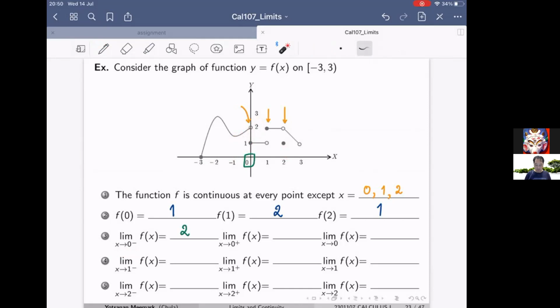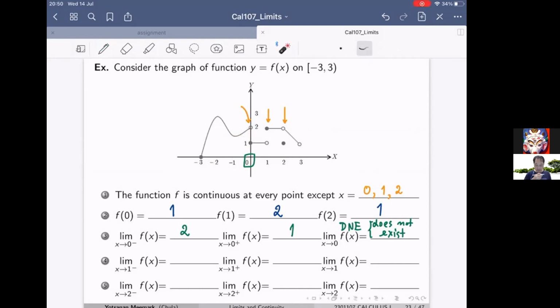If you go to 0 from the right, it is steady, always 1. See, always takes the value 1. So this is 1. So what does this mean? This one does not exist. Some books abbreviate it by DNE, does not exist. So sometimes we are going to abbreviate like that as well.